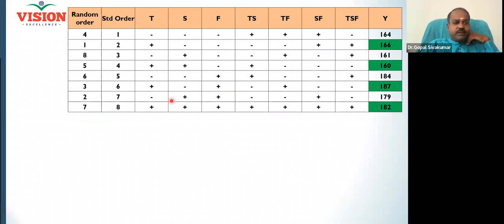Now, by fixing the levels for the factors, the levels for the interaction are also fixed. Interaction is high here, interaction is low here. Do you understand? 3-level interaction is low here, 3-level interaction is high here. You can control the interaction by controlling the factor. All of you understand my language now?